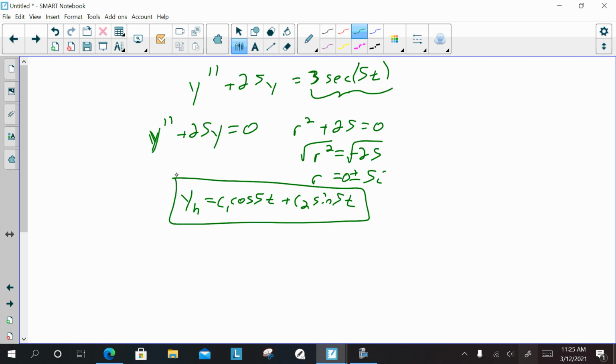So then that means that for our particular solution, we need a v1 and v2 such that v1 cosine 5t plus v2 sine 5t will be our particular solution. So in other words, our y1 is cosine 5t and our y2 is sine 5t.